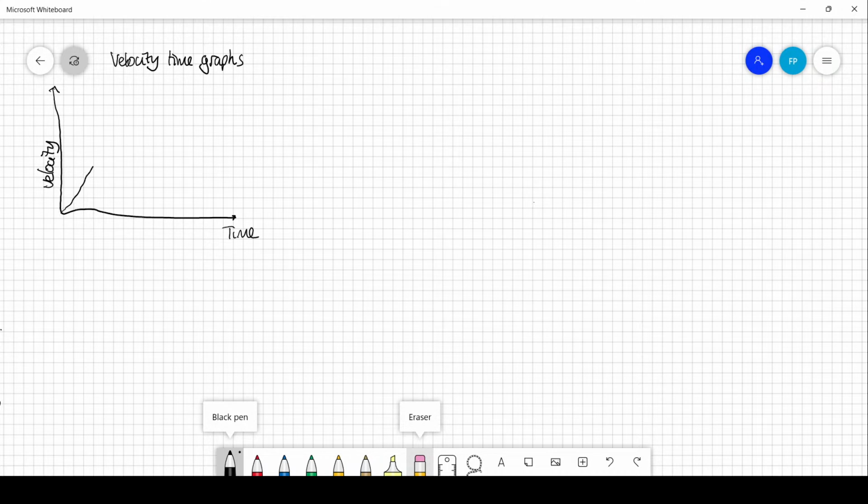If we've got a straight line going up, this time it shows acceleration because your velocity is changing and it's increasing. So any line that goes up is just acceleration. If we've got a flat line, this means the object is traveling at a constant velocity. And if we've got a line going down, the velocity is decreasing, so it's decelerating.